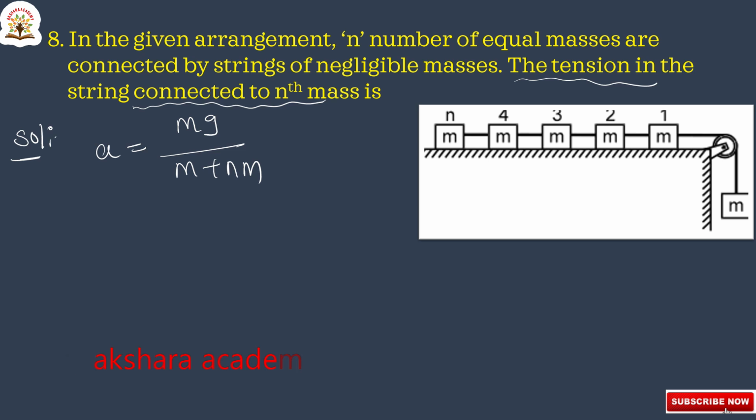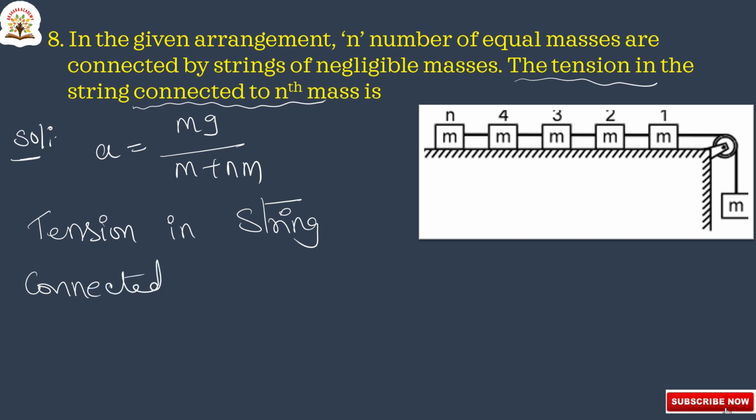Tension in the string connected to nth mass, T is equals to ma, that is equals to A, nothing but here mg by m plus nm.